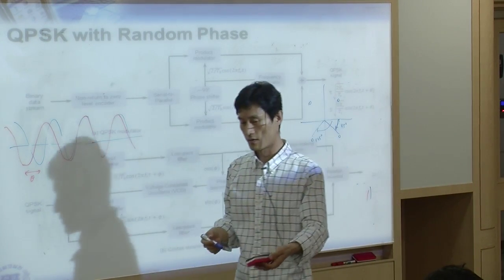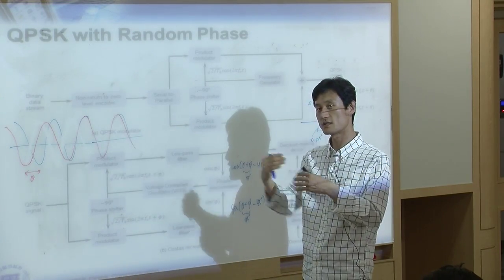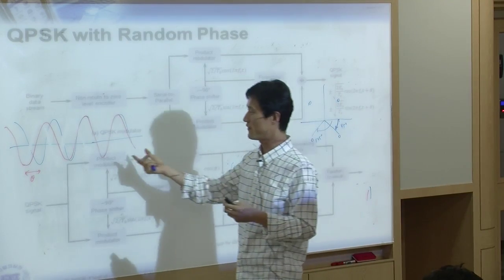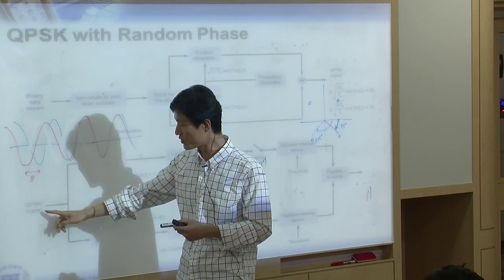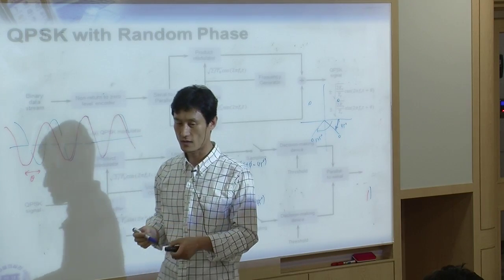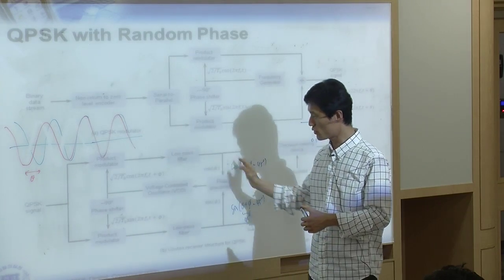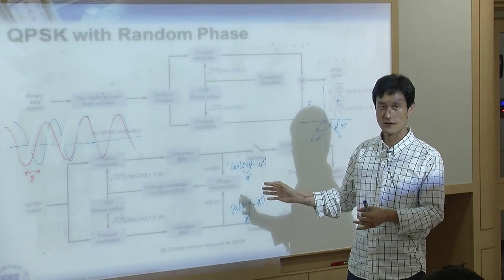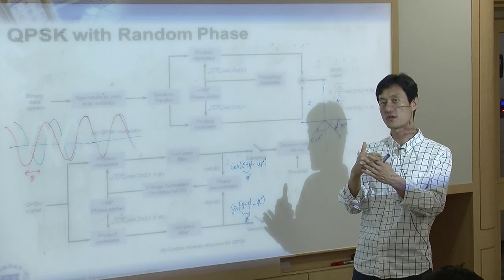Okay? So simply speaking, we want to make our phase synchronized with the transmitter and receiver. But because of this random phase in the channel, we need to use this Costas receiver structure. Okay? And sometimes you need to make a faster frequency or a little bit lower frequency.